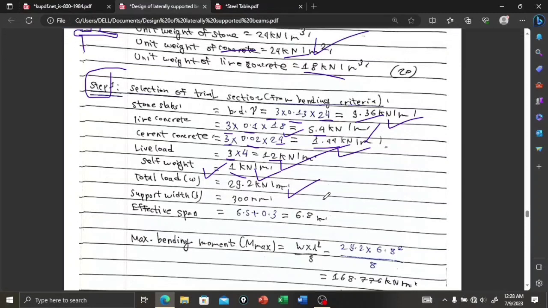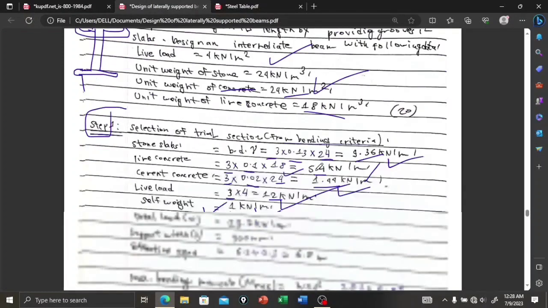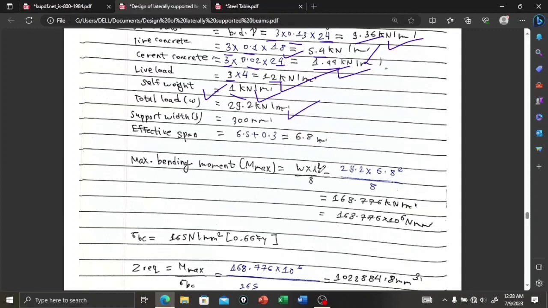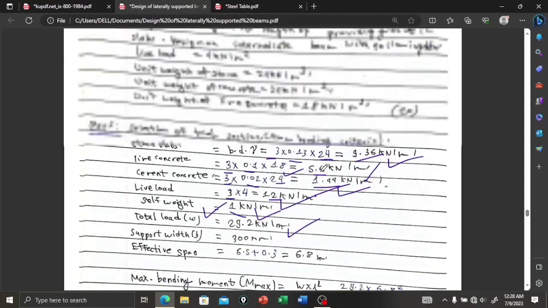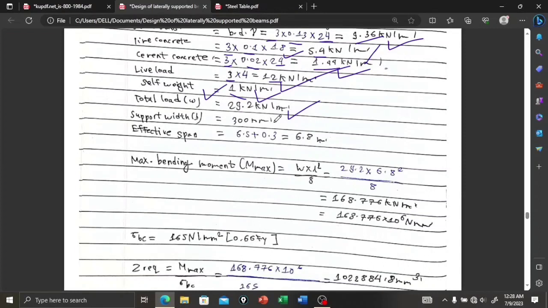Width is not given, so we assume 300 millimeter or 30 centimeter. Effective span is 6.5 plus 0.3 by 2 plus 0.3 by 2, it is 6.8 meter.